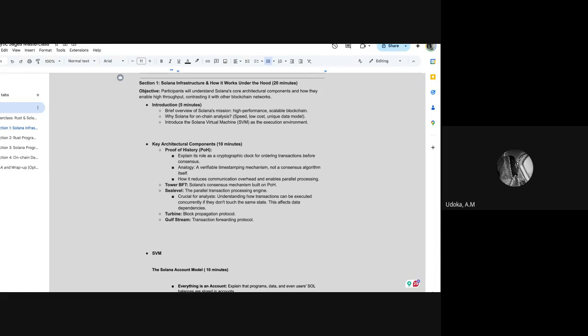Like I said, the main goal for Solana is to deliver a very high performance and scalable blockchain. This means that we are going to consider speed, low transaction cost, and the ability to handle massive volumes of transactions. These are the very important components: speed, low transaction cost, and ability to handle massive volumes.